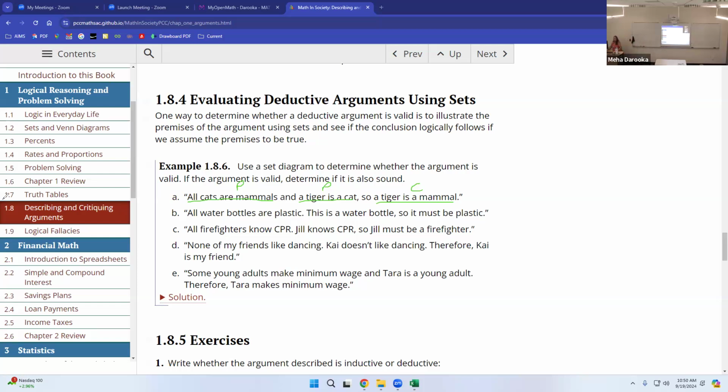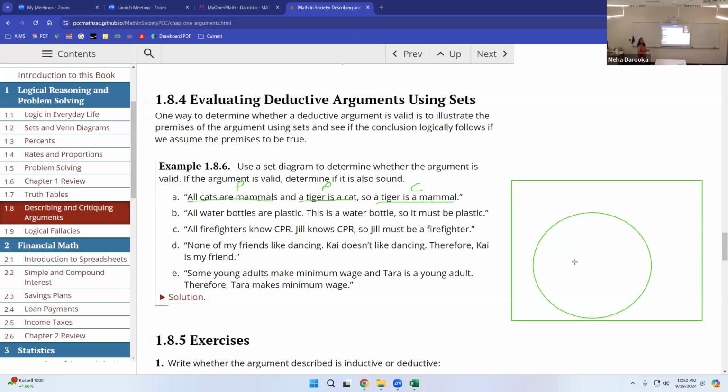This will be interesting, trying to draw the shape. All right, so our rectangle-ish, and then our circle, on the upper half of that rectangle, not the bottom half. Since we are saying all cats are mammals, do we create an overlapping circle, or does one go into the other?